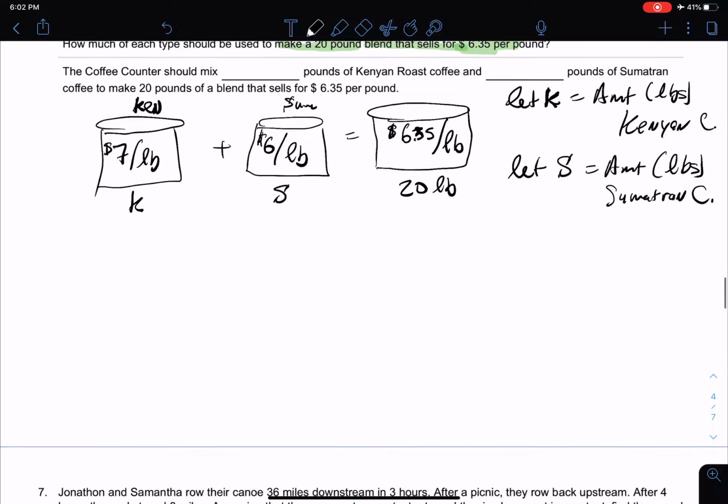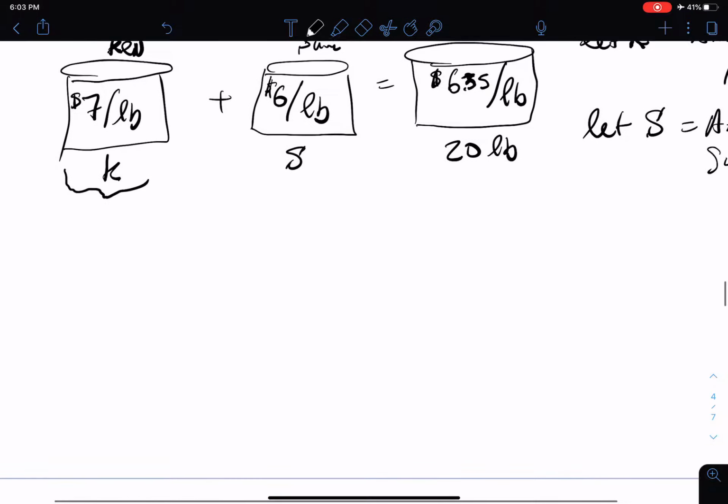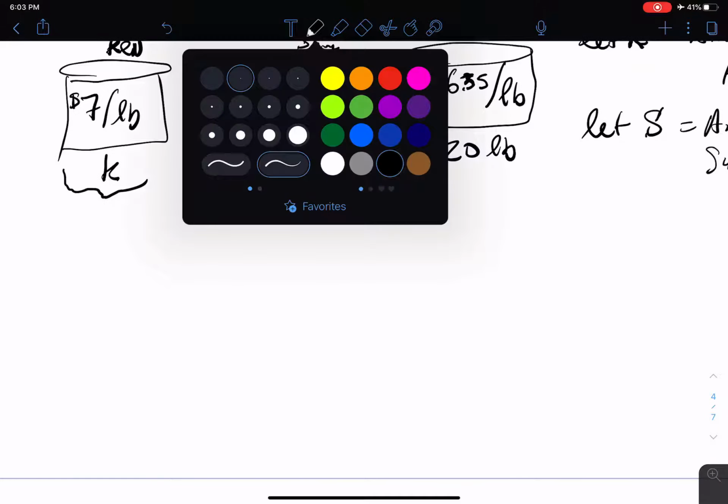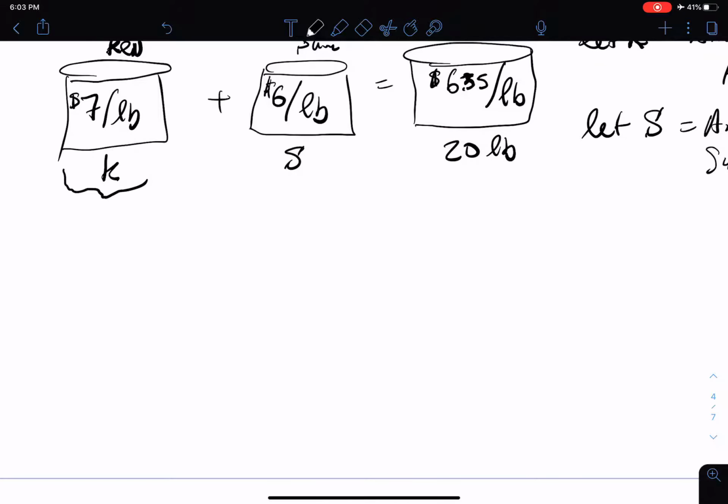And remember, how do we figure out how much this is valued at? I'm going to run out of space pretty quick, so I've got to start conserving a bit. Let me zoom in a bit and use a smaller pen tip. So how much does this container cost? Well, it's $7 times the amount of pounds, K pounds.